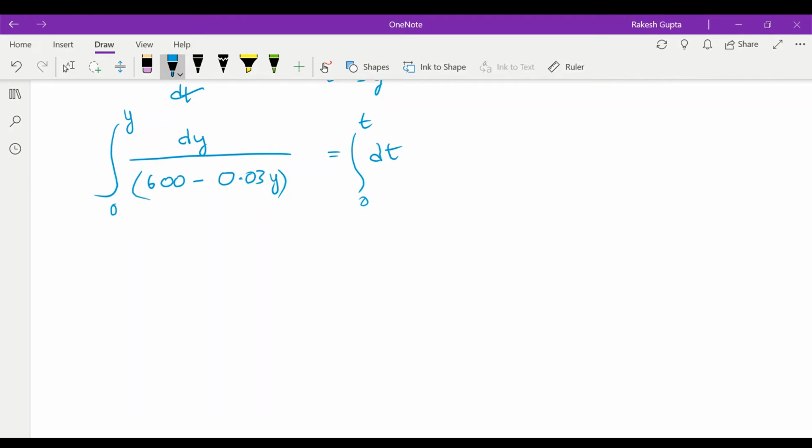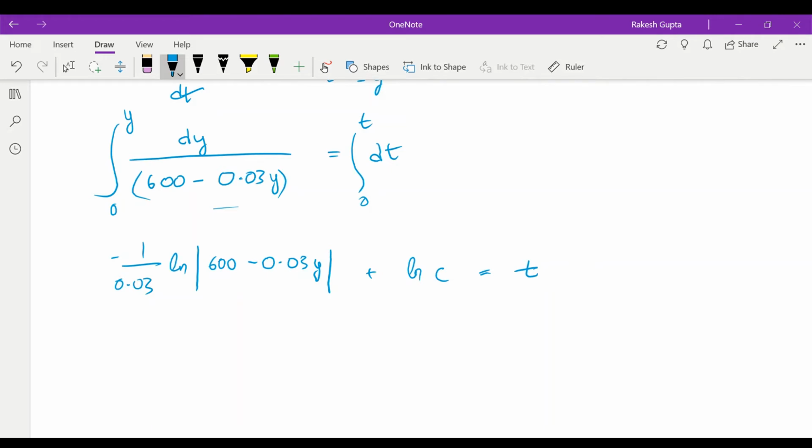The integration of the left term is ln of (600 minus 0.03y) multiplied by minus 1 by 0.03, plus the constant of integration, which I'm going to write as ln c, as it is a constant. So integrating on the right hand side, we just get t.